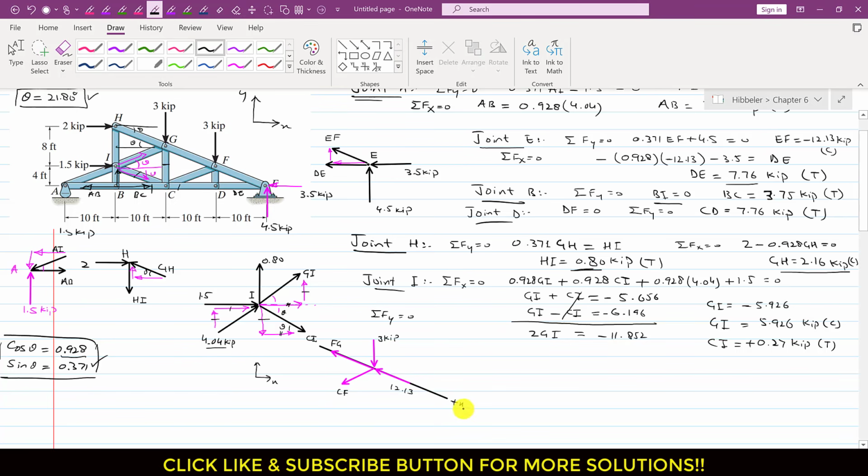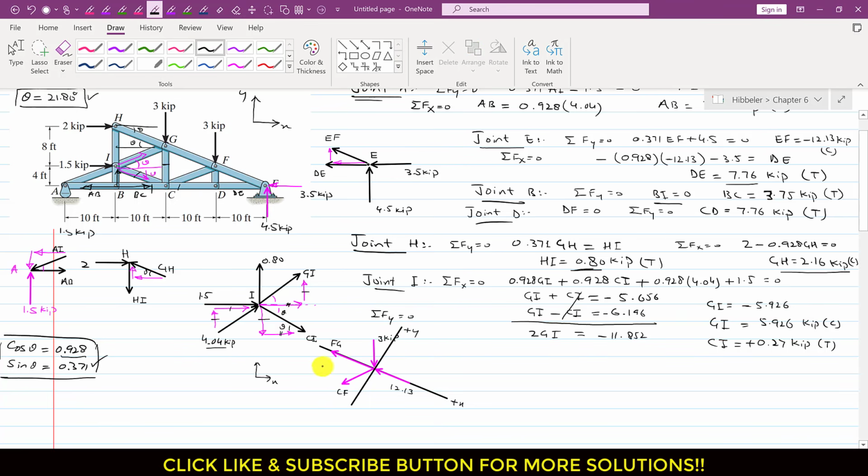We are assuming that the axis is along these two forces, which will enable us to eliminate one member force. And let's say our y-axis is perpendicular to this x-axis, perpendicular to these two forces, the FG member force and this 12.13 EF member force. So this is our plus y direction.